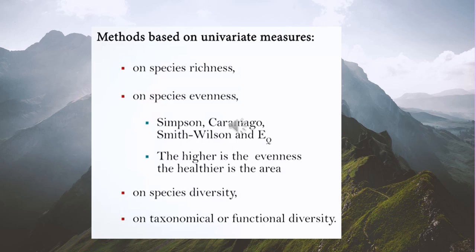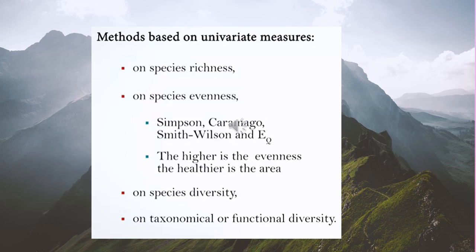That is the better response to disturbance. And we can use different ways to measure this. For instance, we can use the Simpson index, Camargo index, Smith-Wilson index, and the EQ evenness. The higher the evenness, the healthier the area.